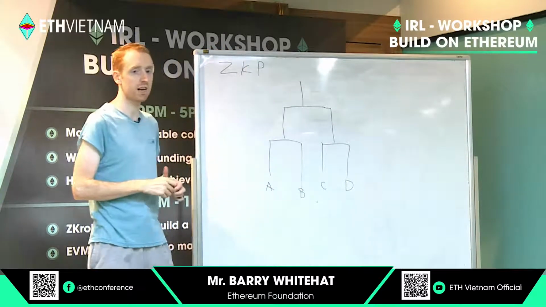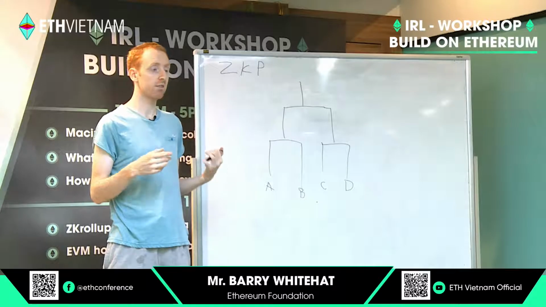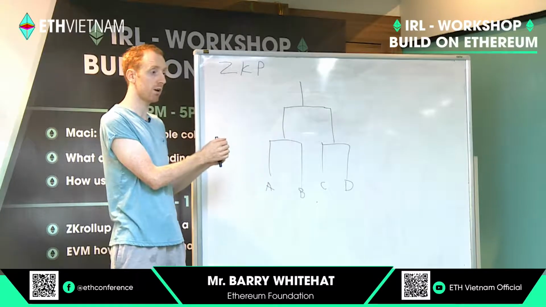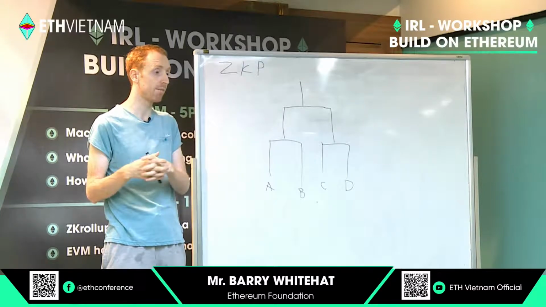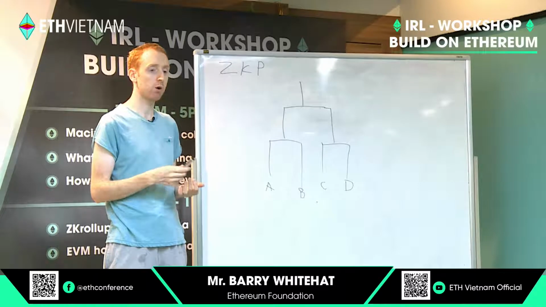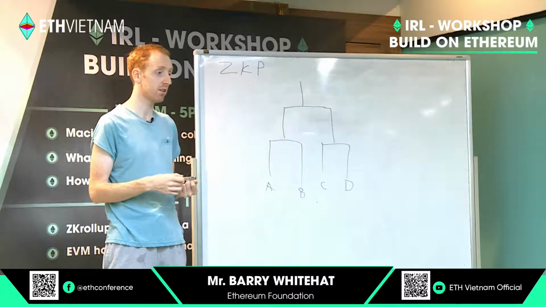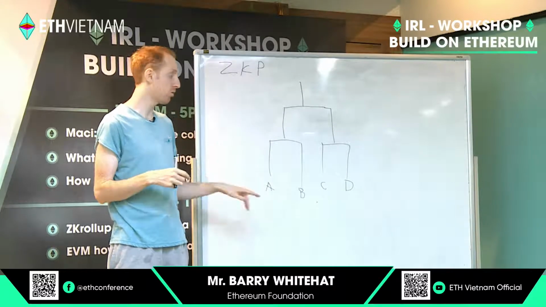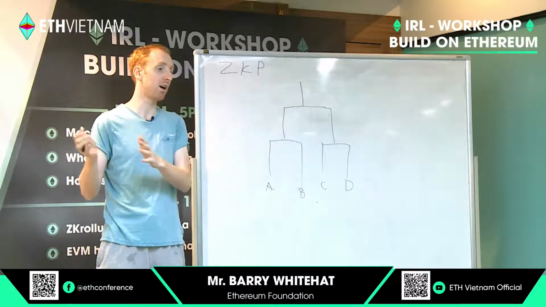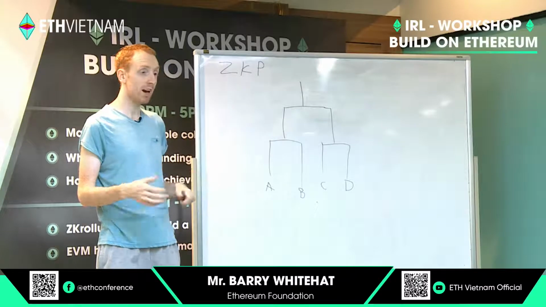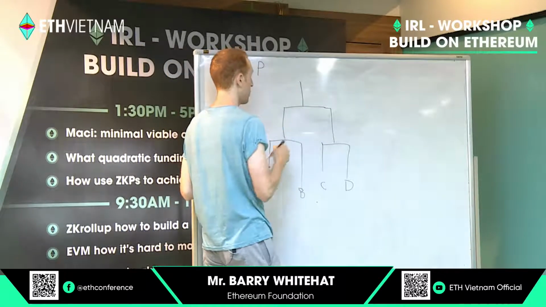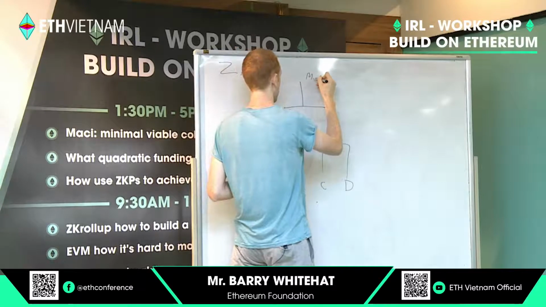A hash function is a tool that takes a big amount of data and converts it into a smaller amount of data. It compresses that data. The important thing about a hash function is that it's collision resistant: it's really hard to find two input data that lead to the same output data. So we use a hash function in order to compress this big amount of data into a small amount of data, which is just the Merkle root.